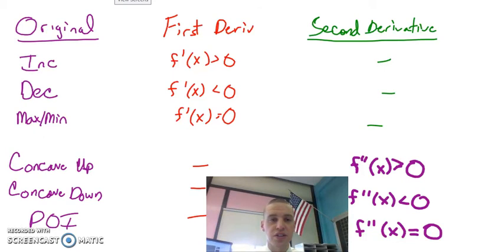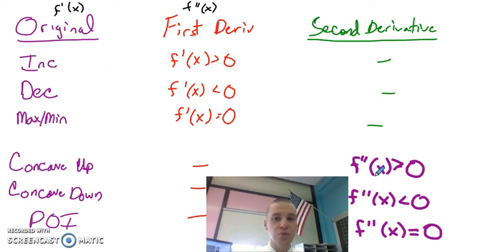But one thing that I want you guys to look at is, what do we do when we're given the first derivative graph? So if I give you the first derivative graph, this is now f prime of x. If this is f prime of x, then this becomes f double prime of x. What does it tell you? Well, this information now moves this direction because we moved backwards.